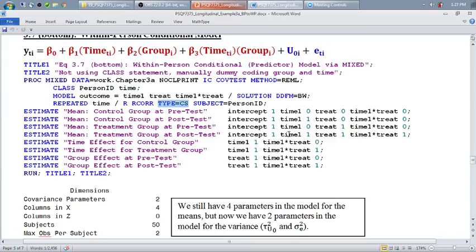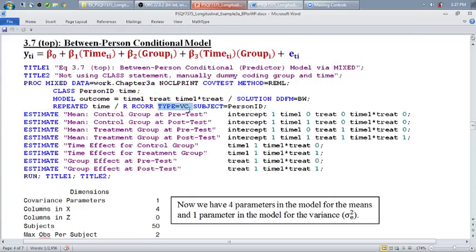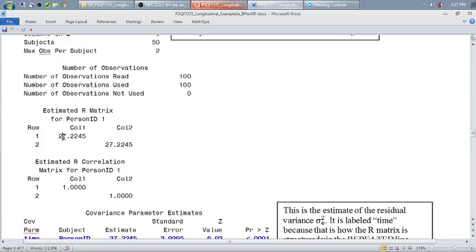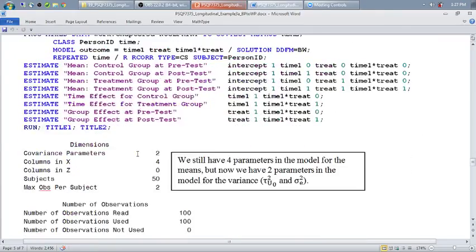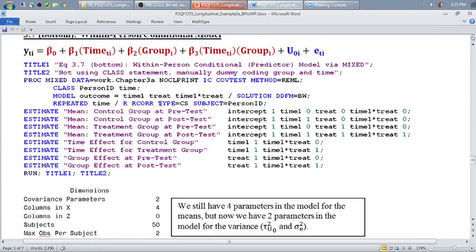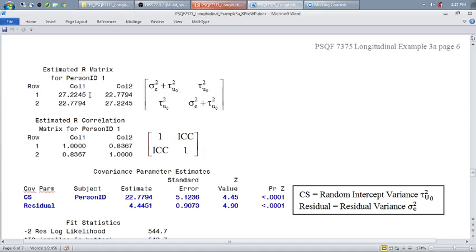So we're switching from a variance components type, which is what it was before, which means equal variance across occasions with no covariance whatsoever, and we're switching that to become CS, which means equal variance across occasions, but now we do have a covariance because the covariance arises because of mean differences, arises because of random intercept differences.